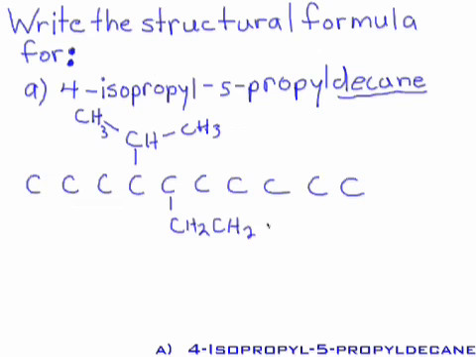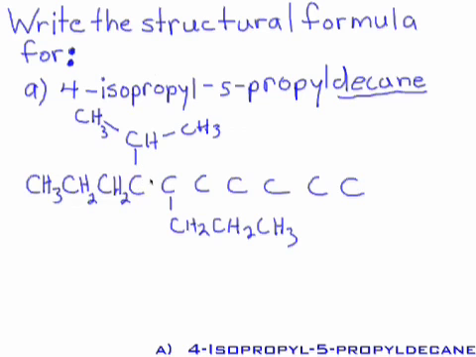Once I'm done the substituents, I now place hydrogens around carbon so that every carbon has 4 bonds. So a terminal carbon becomes a CH3. This guy has 2 carbons to it, so he only gets a CH2. He has 2 carbons attached to him, he gets a CH. It's a CH2.